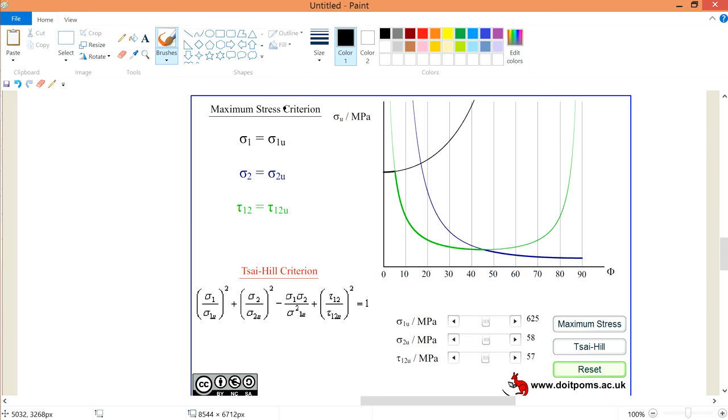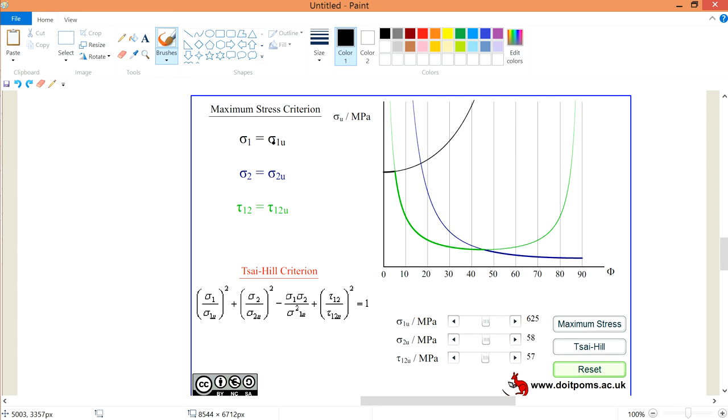Using the maximum stress theory, the equations will be substituted in. The stress one over here is the black color line. With a certain angle, you have a certain strength at that particular angle. Over here, this is stress 2. The higher the angle, the weaker you are, as the angle moves towards 90 degrees.